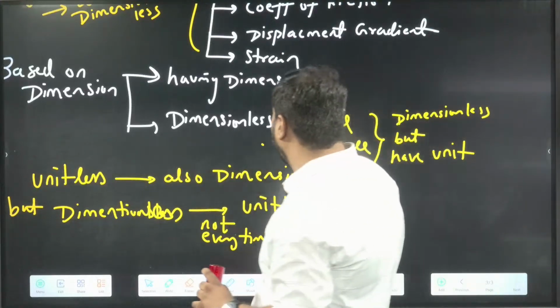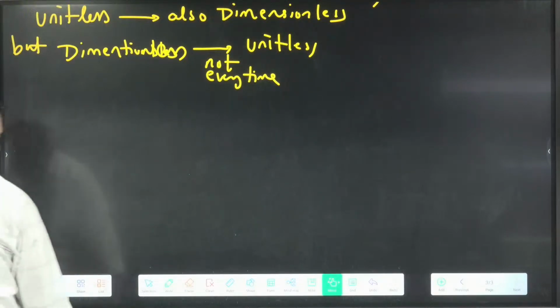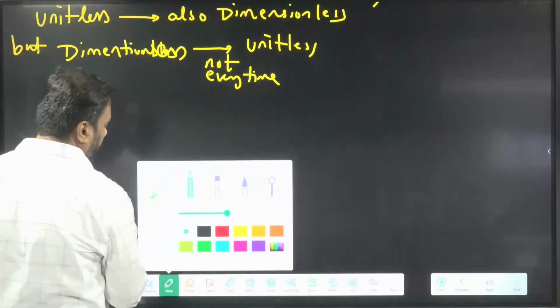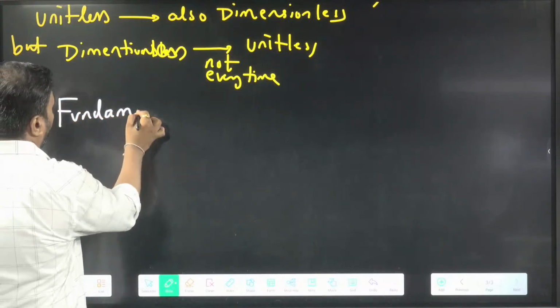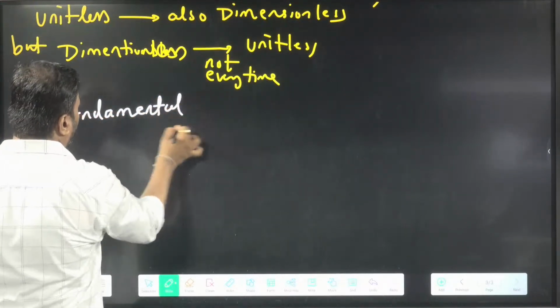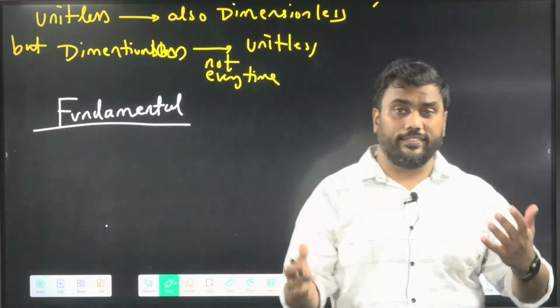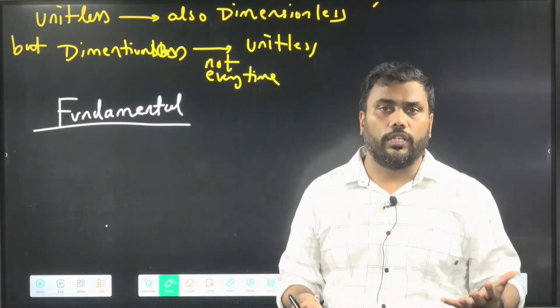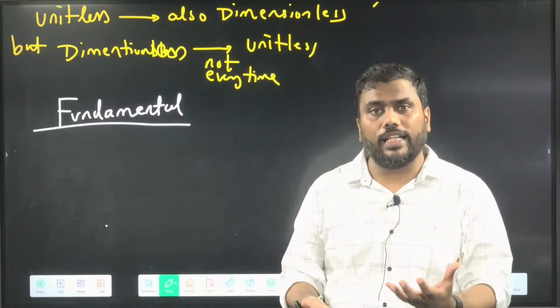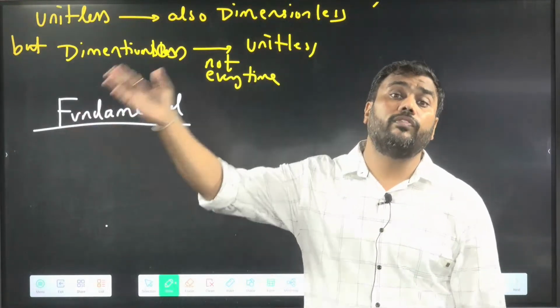Now we'll come to fundamental physical quantity. When physics or science evolved, we were defining new physical quantities, and in some cases we observed that a physical quantity can be defined in terms of others.